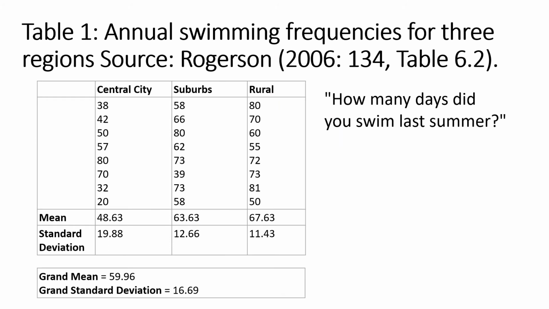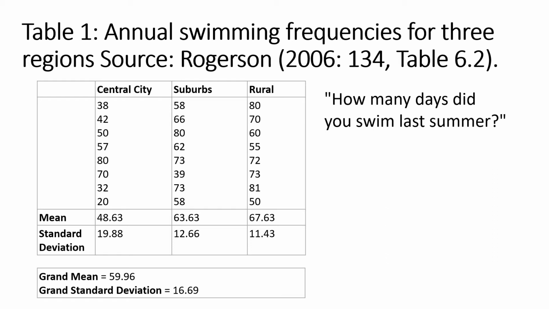Okay, so in Rogerson, he has some data that seems to have been collected by asking people in a central city, in suburbs around it, and in rural areas beyond that, how many days did you swim last summer? So we have in each of these columns, for each of these samples, the number of days that people swam in each of those locations, of these 8 randomly selected people.